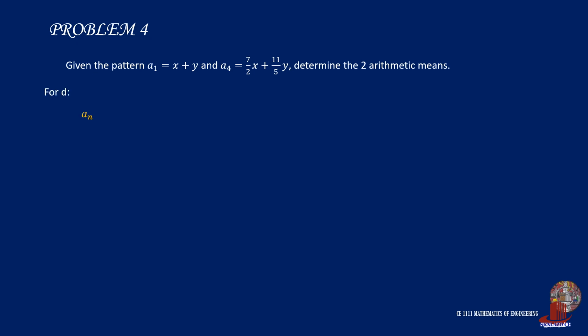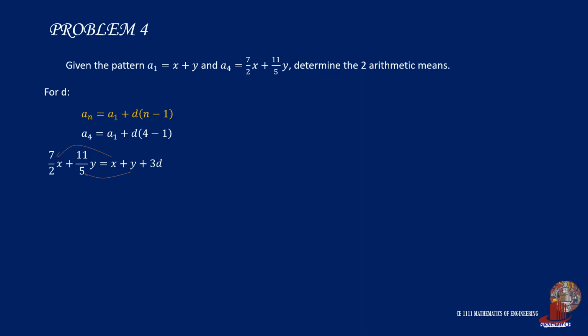Another arithmetic mean problem has a sub 1 as x plus y and a sub 4 as 7/2 of x with 11/5 of y. We are still to look for a sub 2 and a sub 3. First is to look for the common difference using the nth term formula. That would have the equation 7/2 of x plus 11/5 of y as equal to x plus y plus 3d.